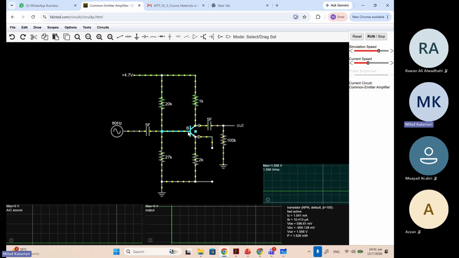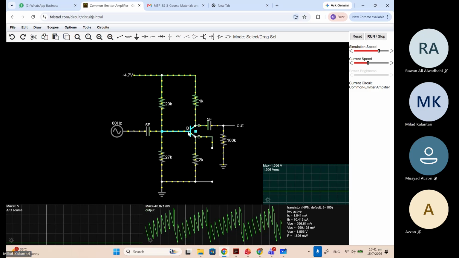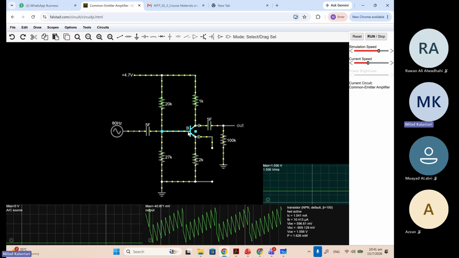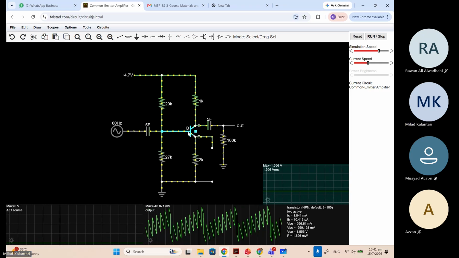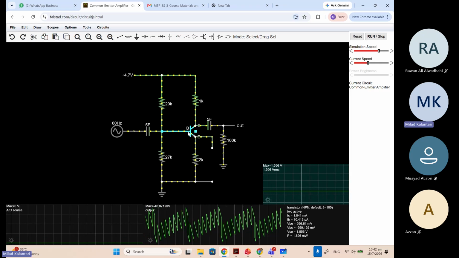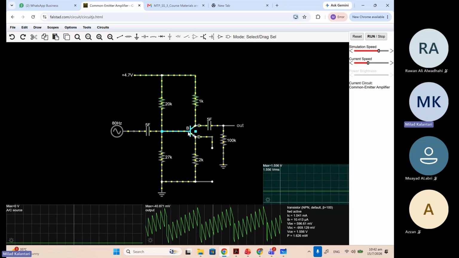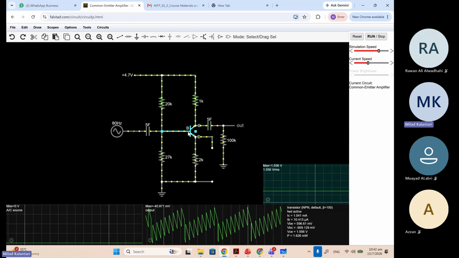Now it's fine, I guess, right? I'm just checking the DC of the transistor over this bottom right corner, right? The collector current is almost 1 milliamp, right? This is the same circuit we solved.